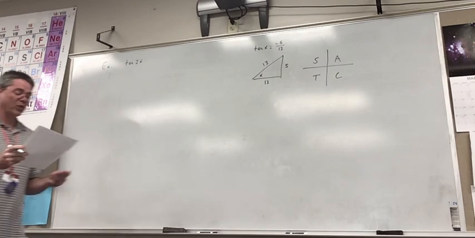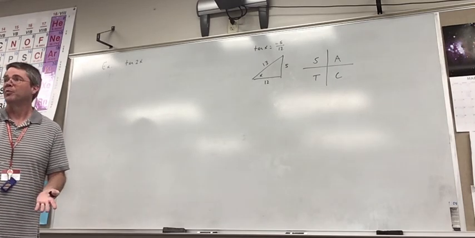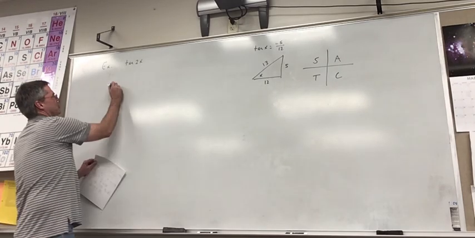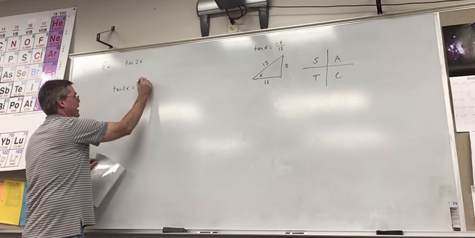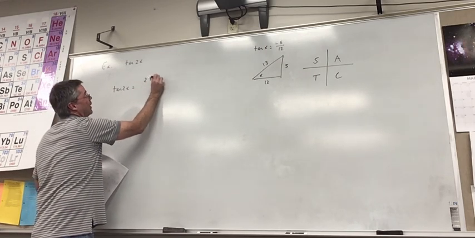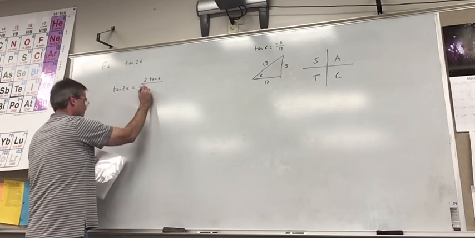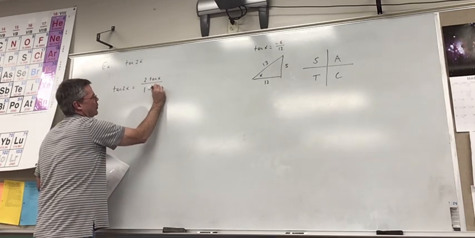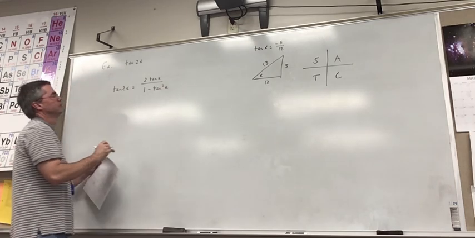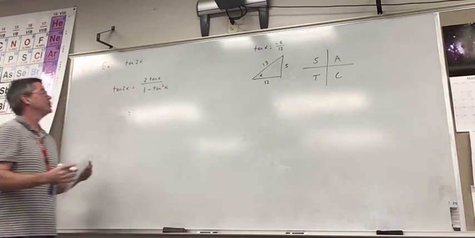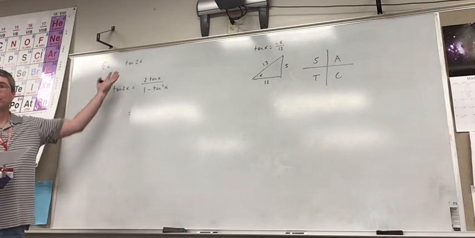Okay, so for tangent 2x, we just have one formula. Tangent 2x is equal to 2 tangent x over 1 minus tangent squared x. So we're getting the tangent of twice the original angle.